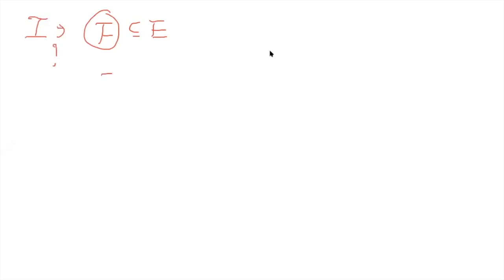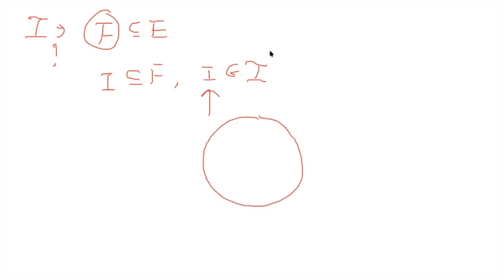But if there is a set I, which is a subset of F, and I could be in curly I, this is possible, then we say it is maximal with respect to F. Let me put it here: this is F, and this is I. This I, I know, is included in this independent system.